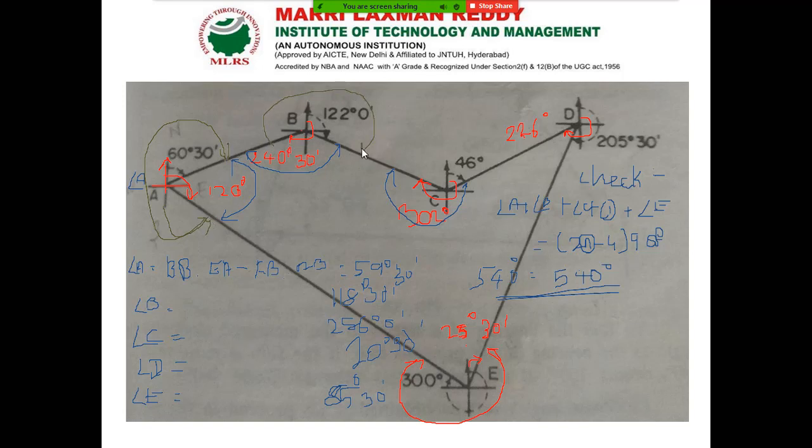So this is our exterior angle. So that the check becomes sum of included angle should be equal to 2n plus 4 into 90 degree. Okay, so this is the check we have to do.